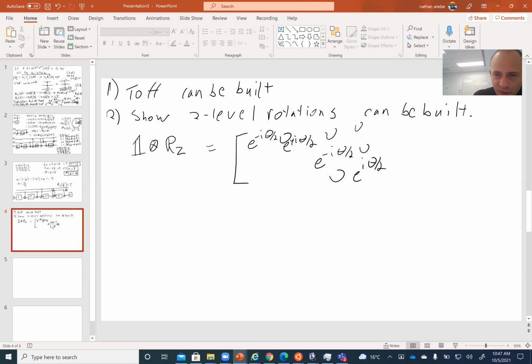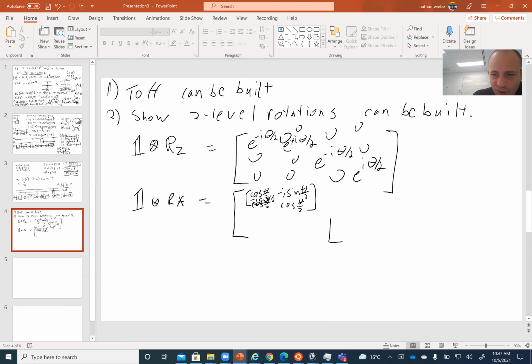Okay, so we can do these types of rotations, or we can do identity times Rx, which is basically the exact same sort of pattern. What we'll have is cosine theta over 2, minus i sine theta over 2, minus i sine theta over 2, cosine theta over 2.